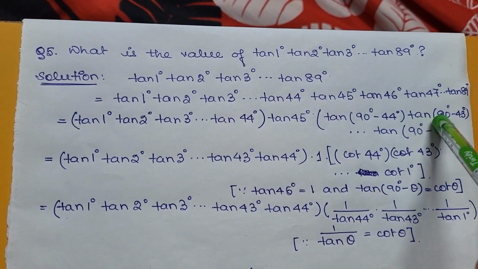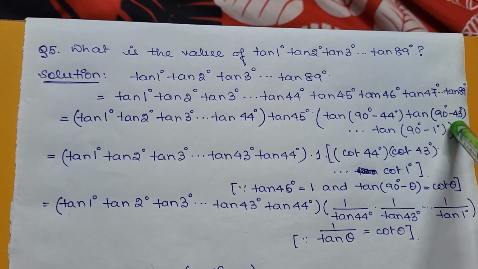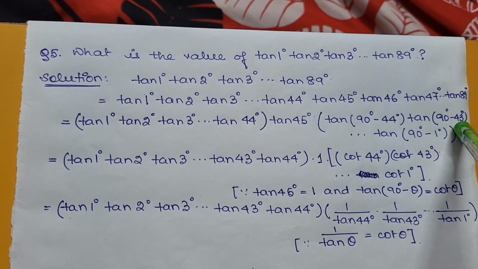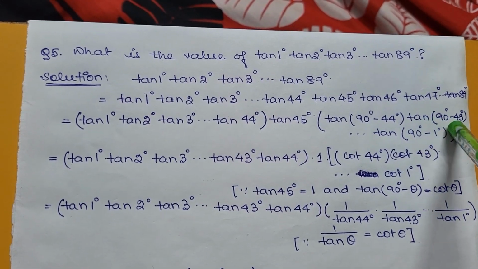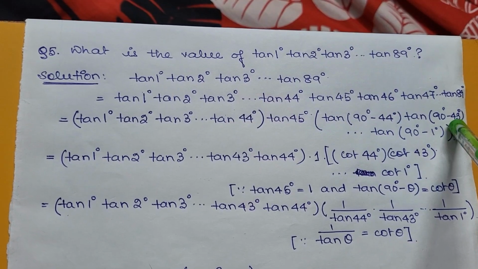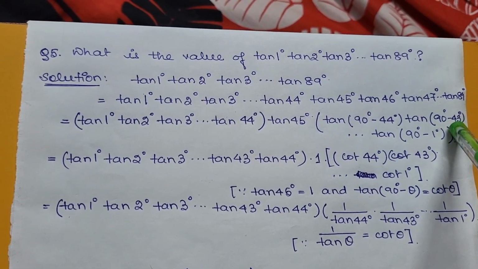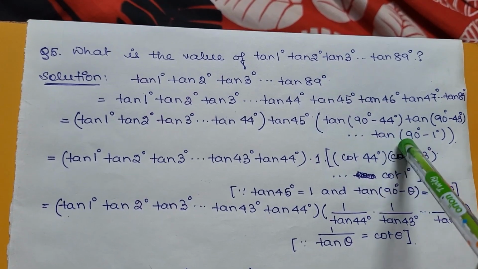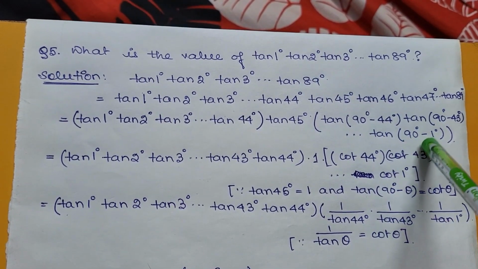Similarly, tan of 90 degree minus 43 degree is cot 43 degree, because tan(90 minus theta) is equal to cot theta. Theta here in this case is 43 degree. So we get cot 43 degree. And the last term here is tan of 90 degree minus 1 degree.